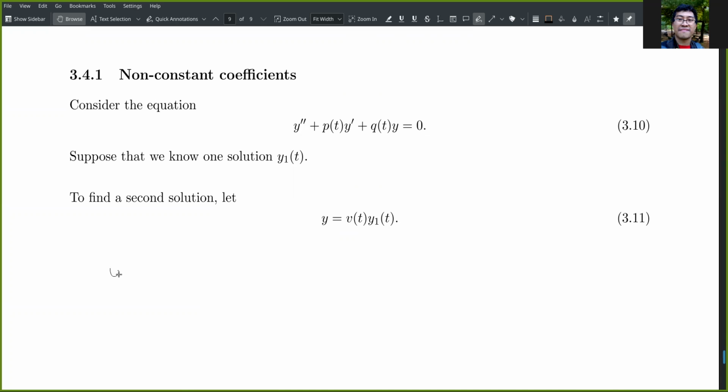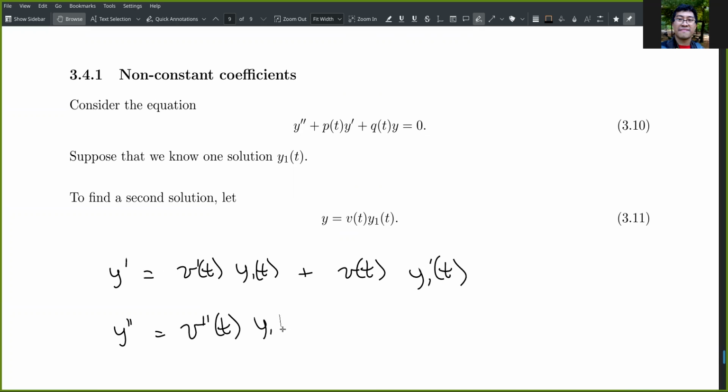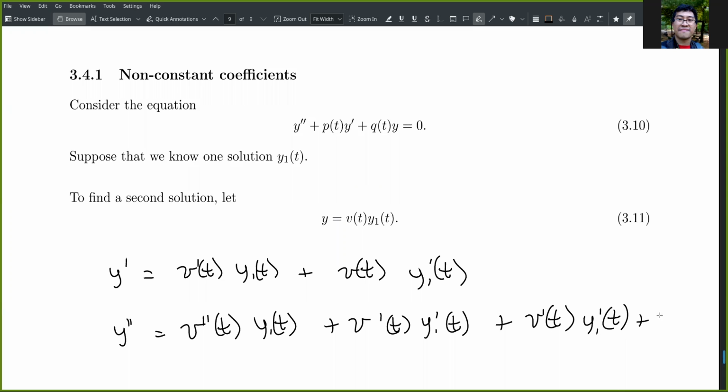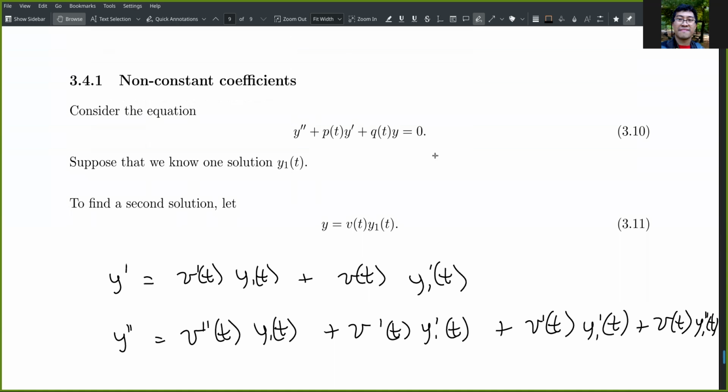So in that case, we will get y prime as v prime t y1 t plus v t y1 prime t, and the second derivative as v double prime t y1 t plus v prime t y1 prime t plus v prime t y1 prime t plus v t y1 double prime t, and then substitute that to this expression.